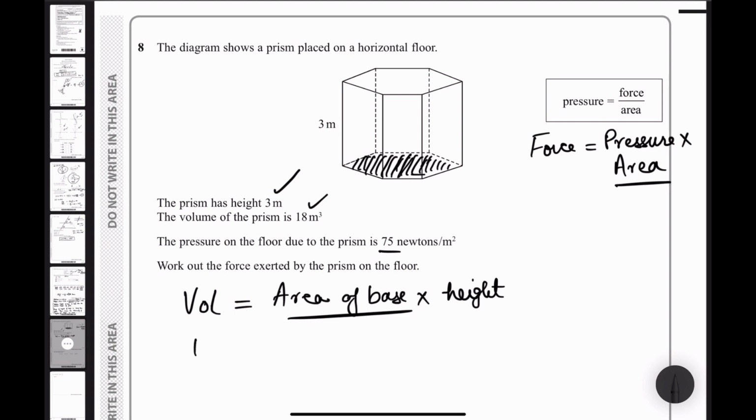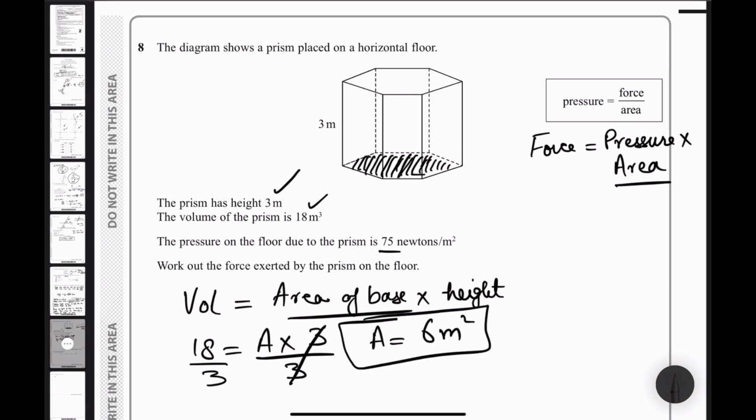So the volume is like 18 equals A times 3. A stands for area. So let's divide both sides by 3. So it'll get cancelled. So the area will become equal to 6 meter square. Now we'll substitute this area in this formula, and from there we'll work out the force.